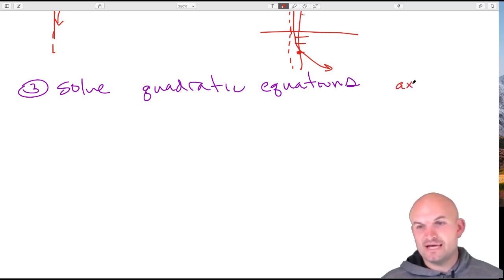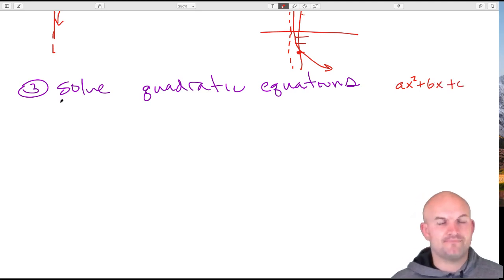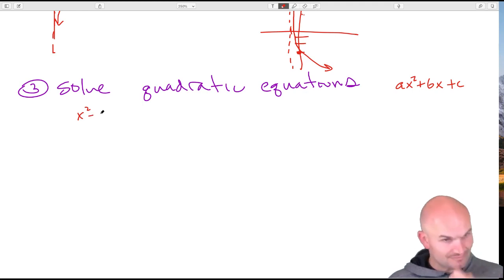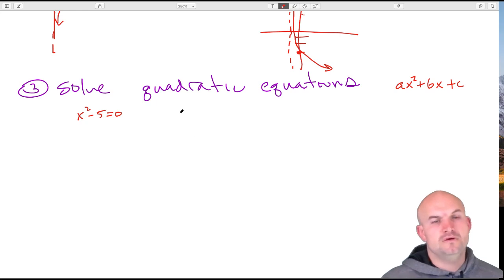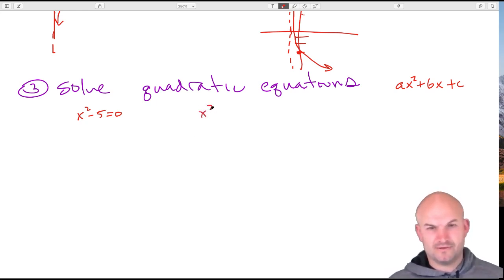So we have ax squared plus bx plus c. Okay, so let's do x squared minus 5 equals 0. You know what? I'm just going to make this factorable.